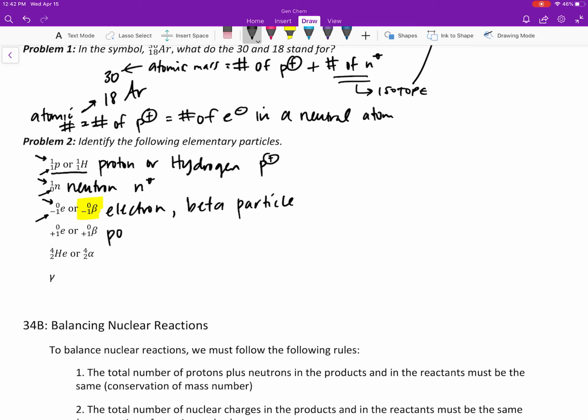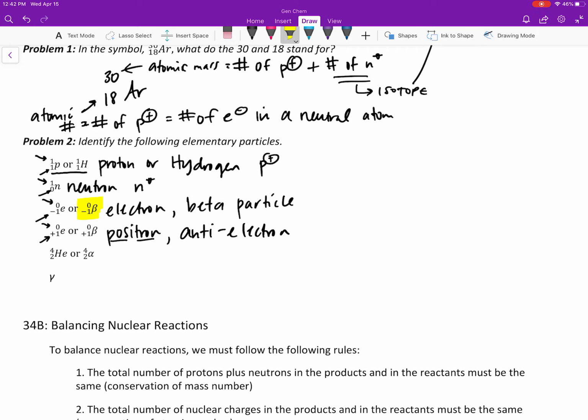The next one is called a positron. It is a positive electron. So it's like a Brangelina name. It's a positive electron which still has no mass. And so this is going to be called an anti-electron. Okay.